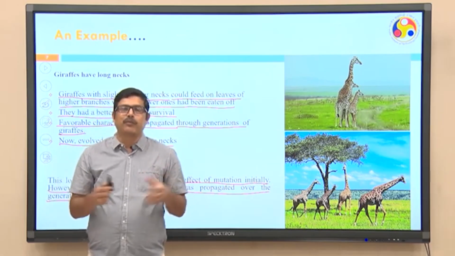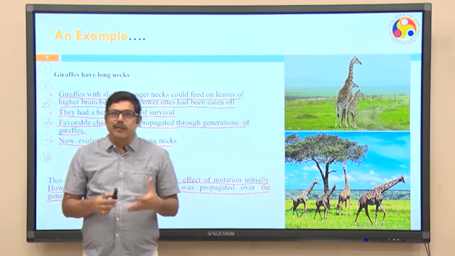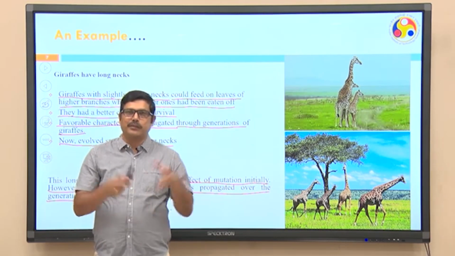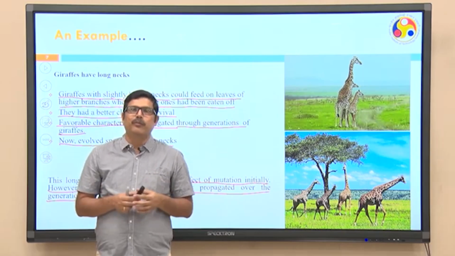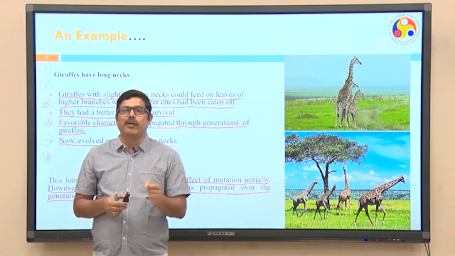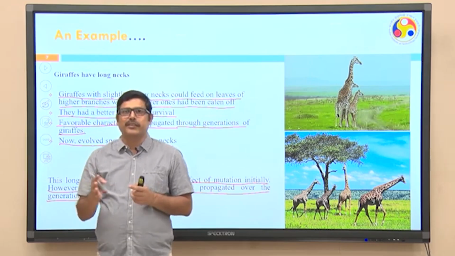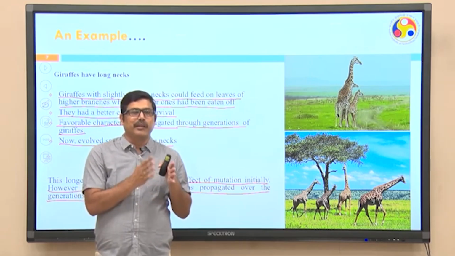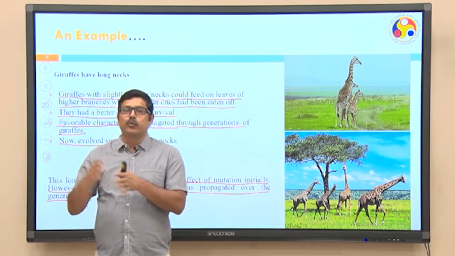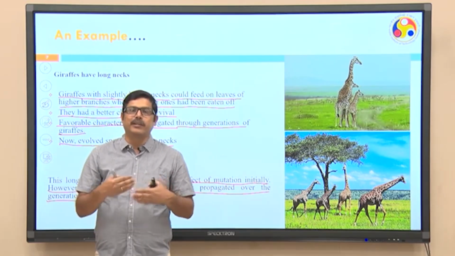Some of that population may not be able to survive there, but there will be some individuals who will be able to survive at that oxygen level, and that is basically a favorable characteristic for them. So, now what will happen in the next generation? These favorable characteristics will be propagated to their offspring, and then this evolves into a new species.